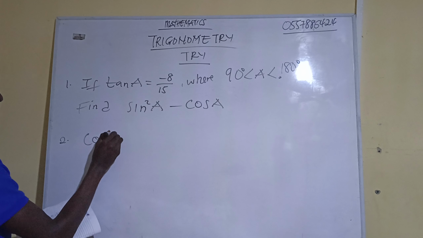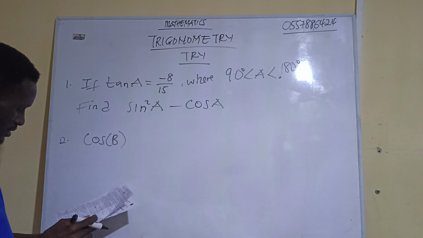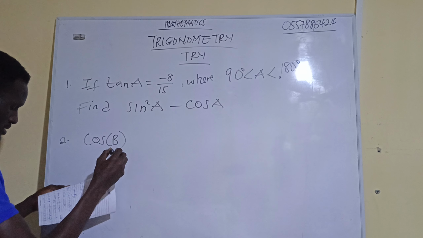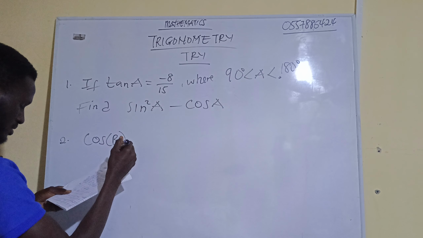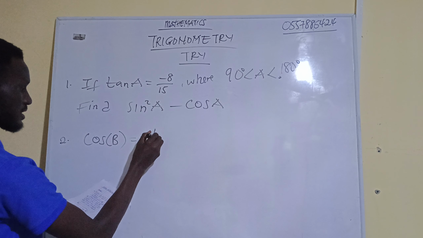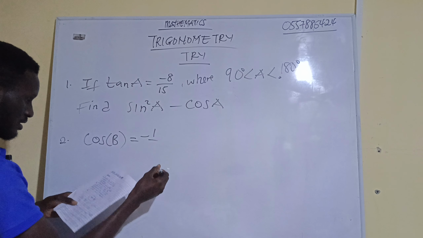Now let's look at the second question. Now we have cos B equal to negative 1 out of 3.